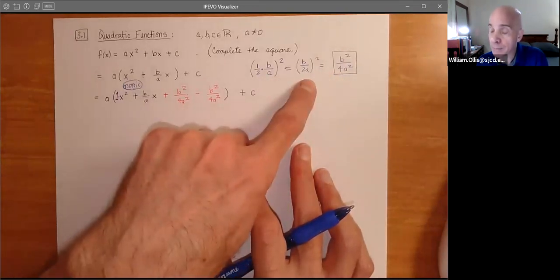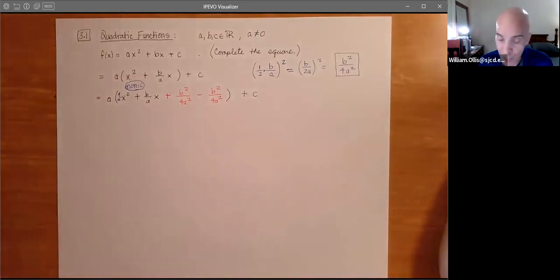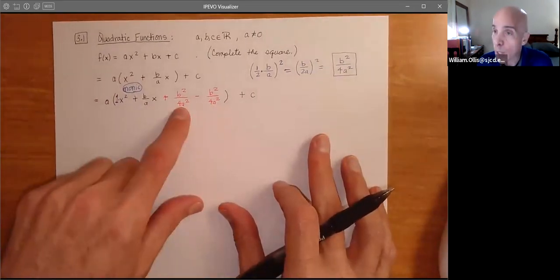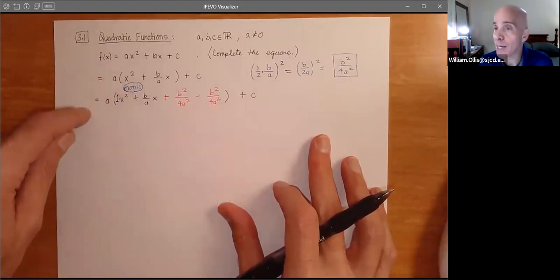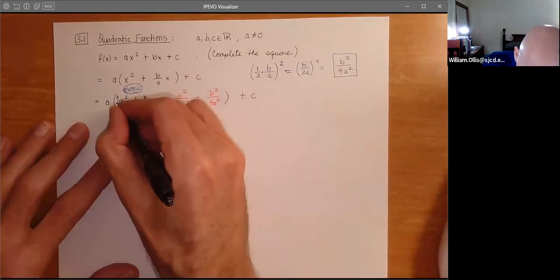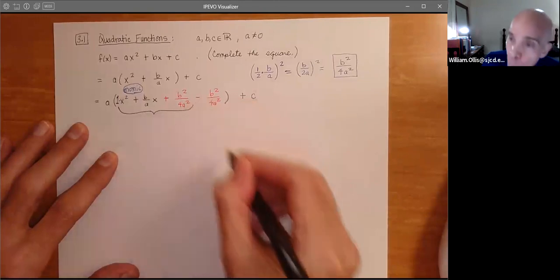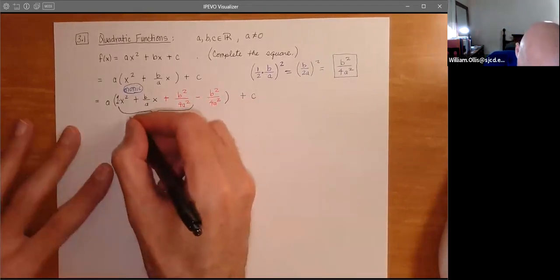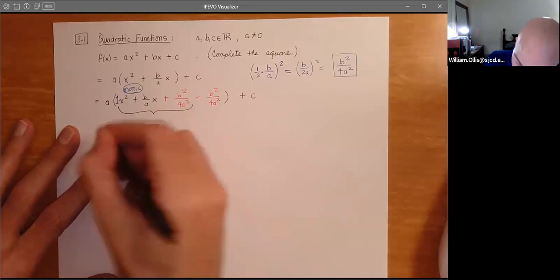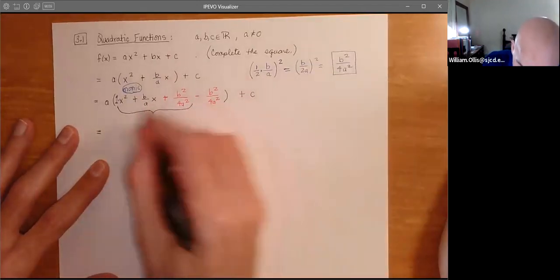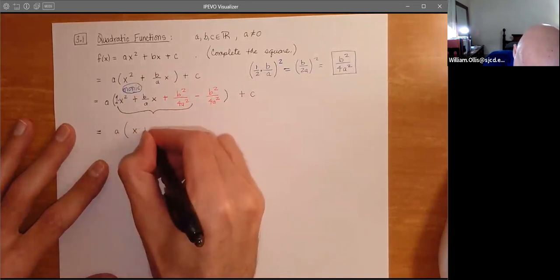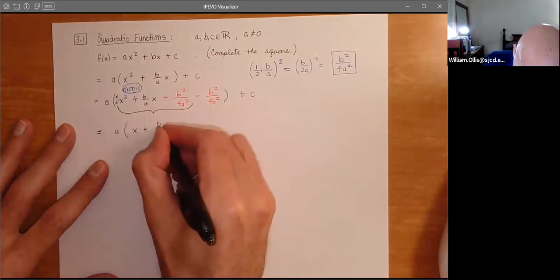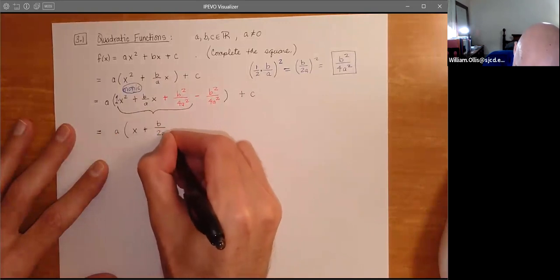From monic, we do the completing square term. Half, square it. And then, like I said before, if we add a term, we must subtract the term because we want these two equations to be equivalent, always. So here we get the so-called perfect square. And we can use our computation over here to write it. So this is ax plus b over 2a, that's starting to look familiar, isn't it?